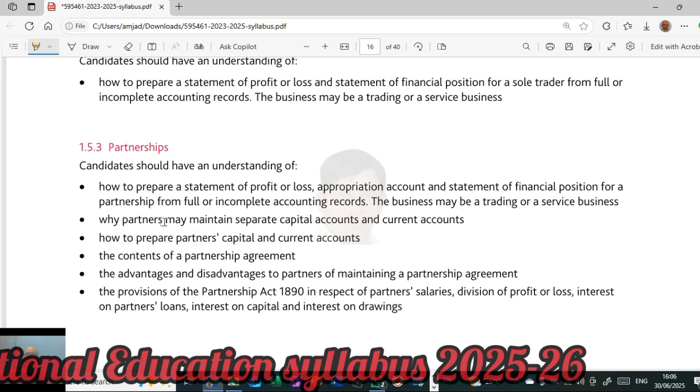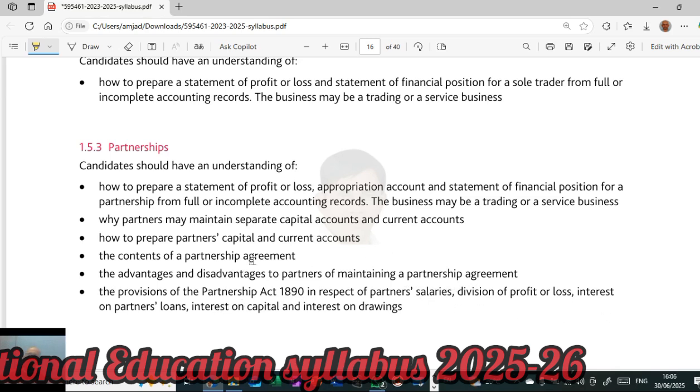In a sole trader there is only one capital account, but in a partnership there will be several capital accounts. So why do partners maintain separate capital accounts and current accounts? The concept of capital accounts and current accounts, how to prepare partners' capital and current accounts, the contents of a partnership deed, the provisions of the Partnership Act 1890 in respect of partners' salaries, division of profit and loss, and interest on capital and interest on loans.